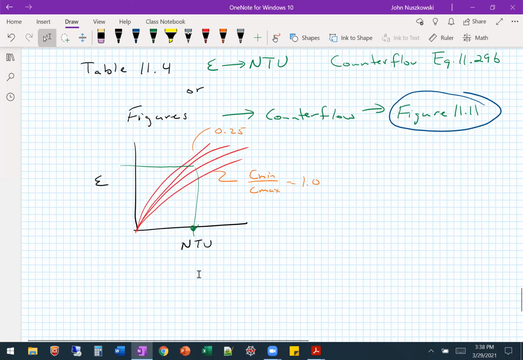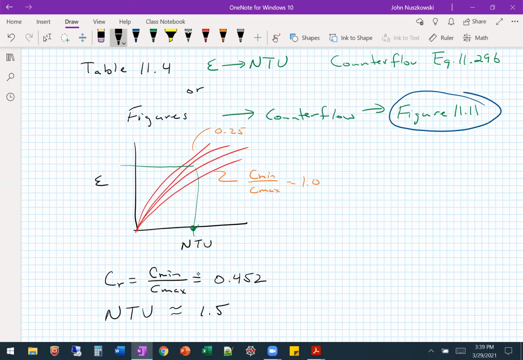All right, so we need the heat capacity ratio, which is minimum divided by max. If we do that, we get 0.452. When you use these figures, though, it's going to be more of an approximation because you're not going to get many decimal places looking at these figures when you pick a point. So I got about 1.5 for my NTU.